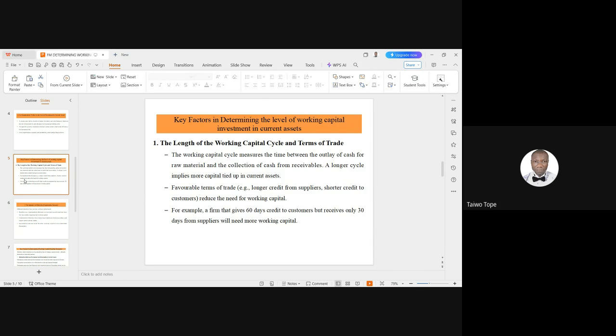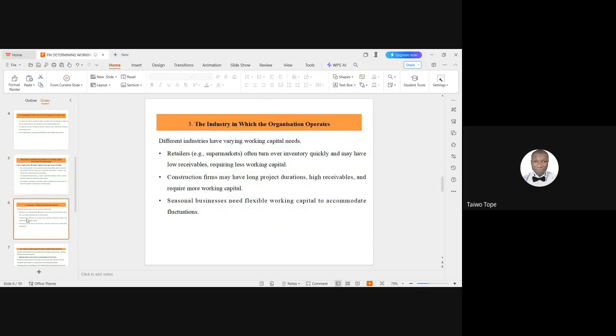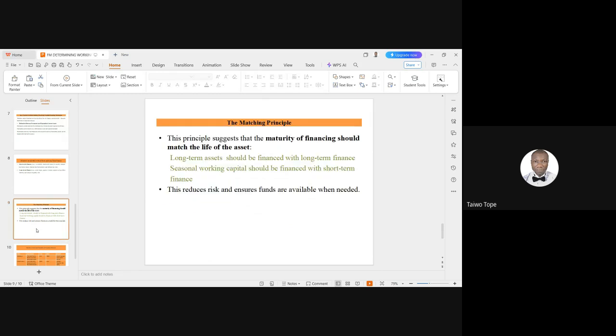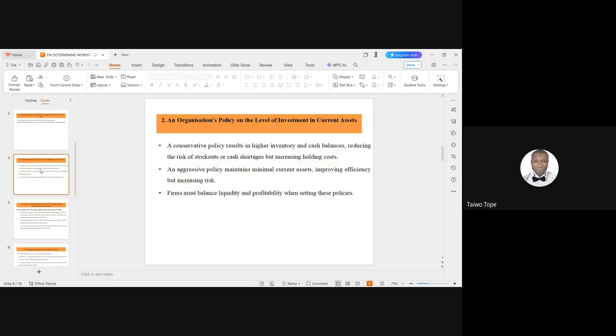So this is one of the issues organizations must look out for in terms of working capital. Likewise, there is a need for us to look at balancing liquidity and profitability as it regards working capital.